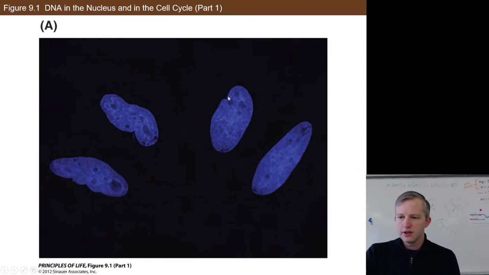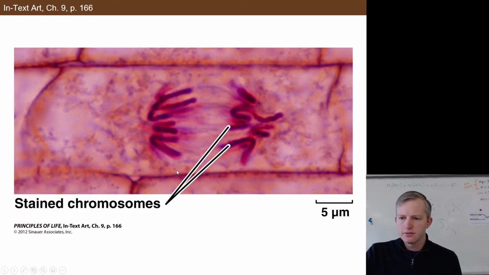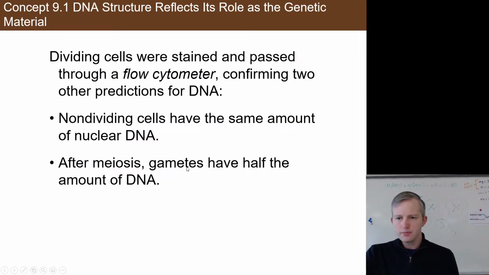Here you can see some cells that have been stained, or the nucleus of cells, maybe. This picture is a little more compelling. You can see the actual chromosomes that have been stained. There are different mechanisms by which this could be done historically, and there's a whole rich and very cool history to it.